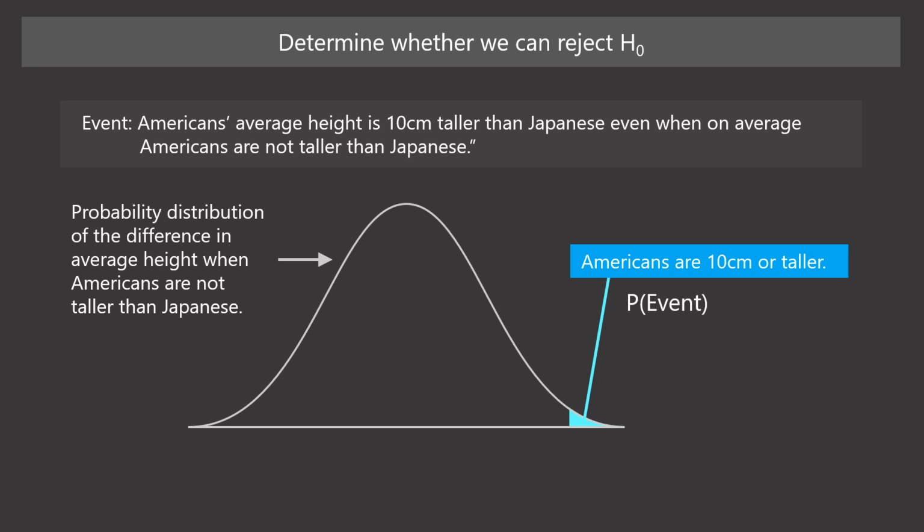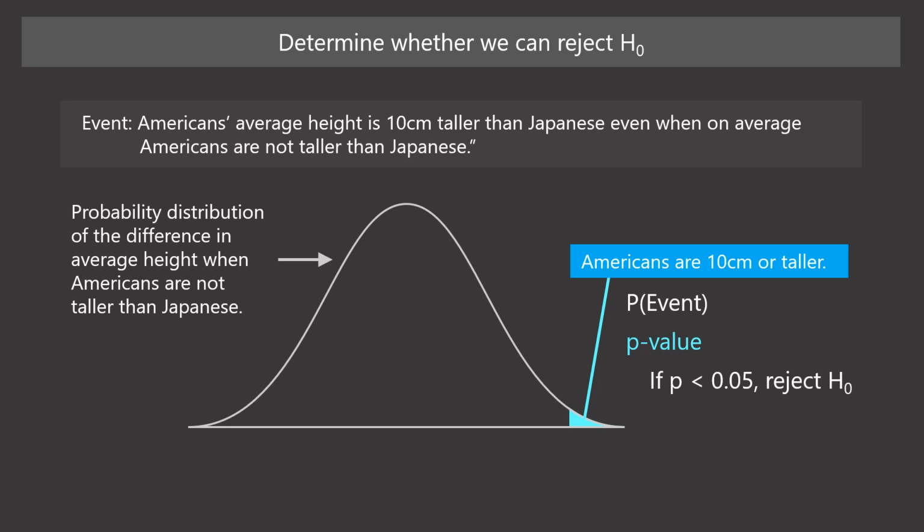As noted above, if the probability of this event is lower than the significance level, we can reject a null hypothesis. Here, the significance level is 5%. So, if the probability of the shaded area is less than 5%, we can reject a null hypothesis. In statistics, the probability of the shaded area is called p-value.